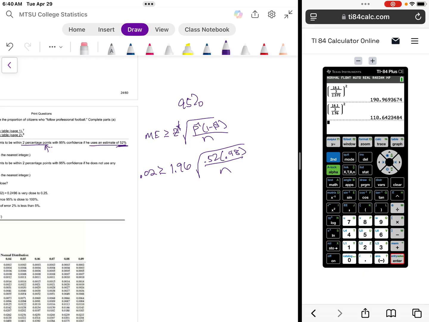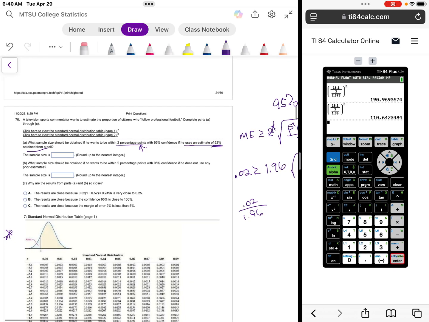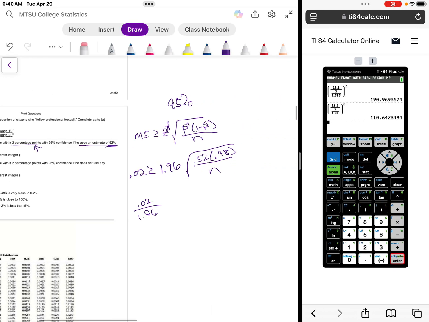And again, I'm going to take it slow, 0.02 divided by 1.96. And I'm going to stop for a second. Yeah, they want the actual sample size. All right. Greater than or equal to the square root. What's 0.52 times 0.48? 0.2496. All right, and then we got to square both sides.